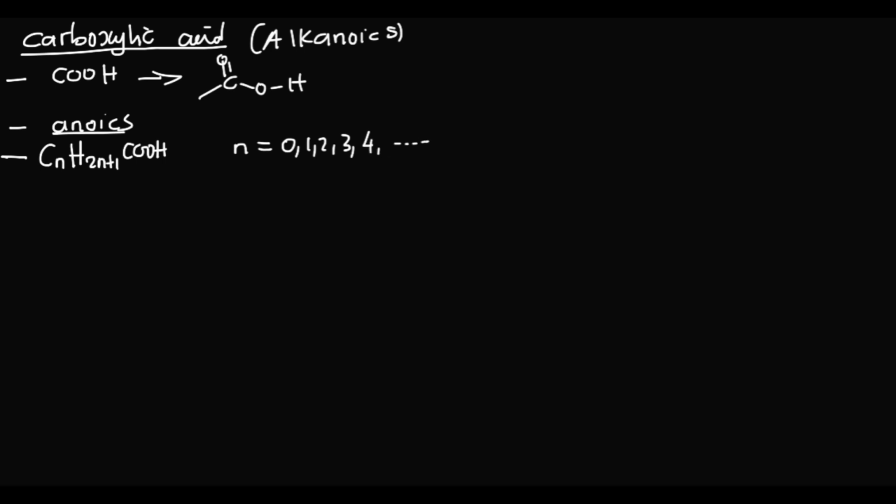From the previous videos on organic chemistry, n was beginning from 1. So methane, we looked at methane at position number 1, but under carboxylic acid, it changes into position 0. So methane is 0, ethane goes into position number 1, propane position number 2. So that is the pattern.